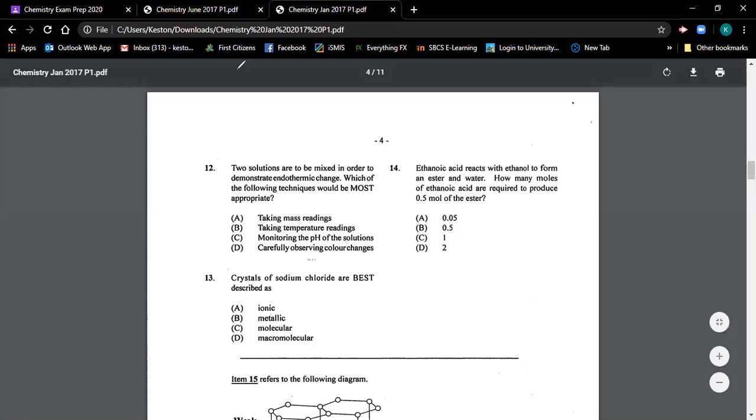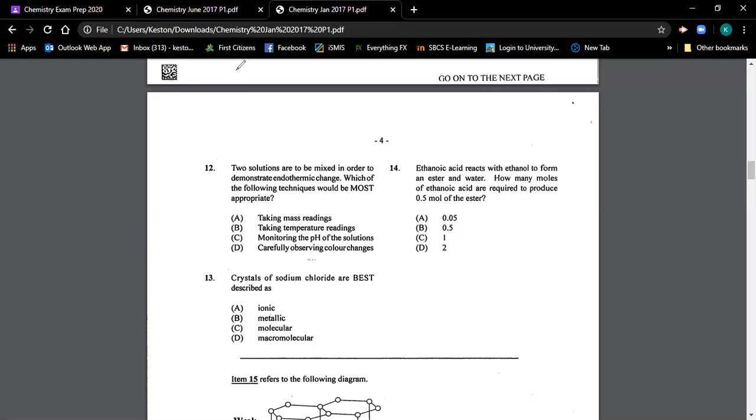14. Ethanoic acid reacts with ethanol to form an ester and water. How many moles of ethanoic acid are required to produce 0.5 moles of the ester? So you just need to remember your reaction of ethanol and ethanoic acid. And once you do, you'd have the ratio in which they're going to be reacting. 0.5.